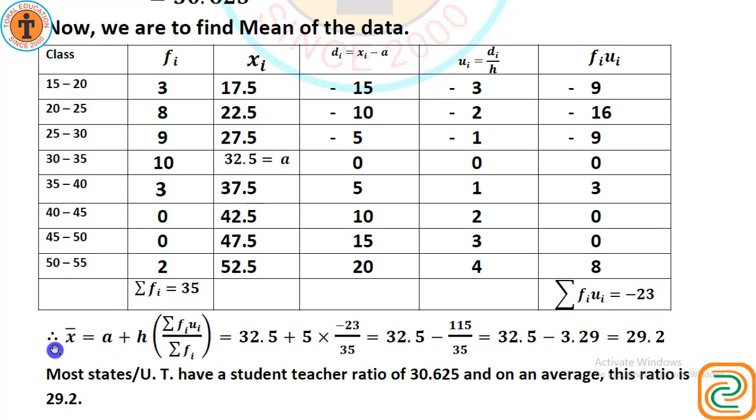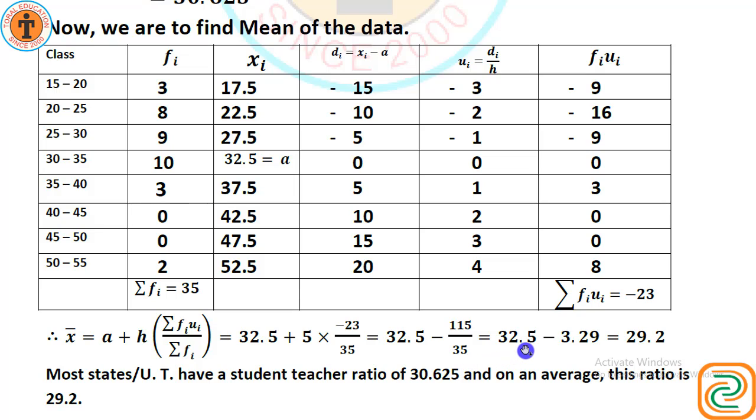So the mean is A plus H sigma FiUi upon sigma Fi, that is 32.5 plus 5 into minus 23 upon 35. So 32.5 minus 115 upon 35, because 23 into 5 is 115.